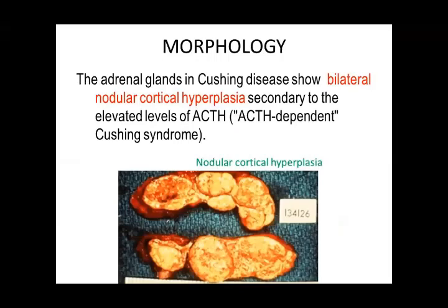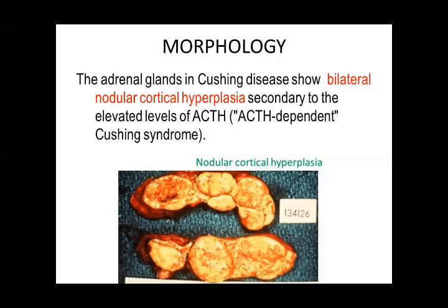So in case of adrenal gland Cushing disease, you can see there is bilateral nodular cortical hyperplasia if the cause is primary. And this hyperplasia is secondary to the elevated level of ACTH. It means that this is ACTH dependent Cushing syndrome. When there is a high level of ACTH, it will stimulate the adrenal gland to become bigger in size and more functioning.